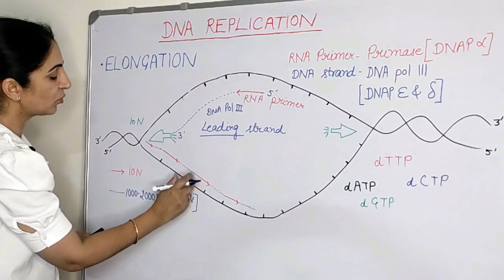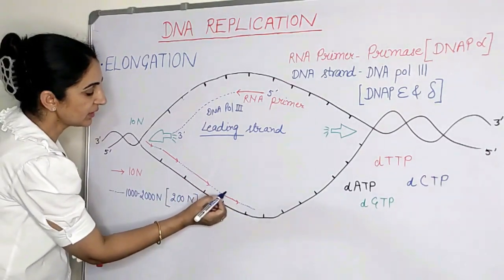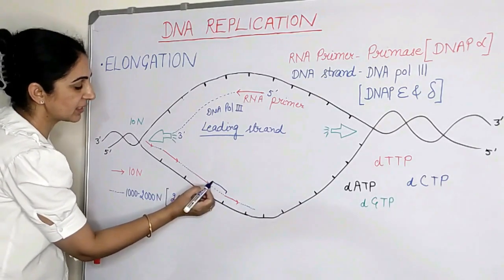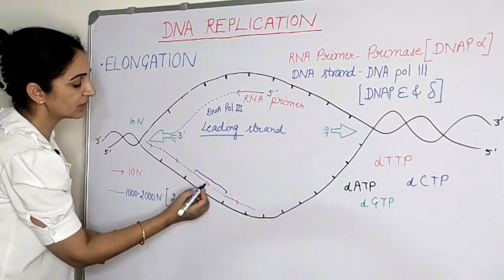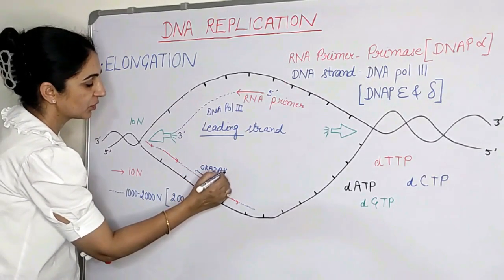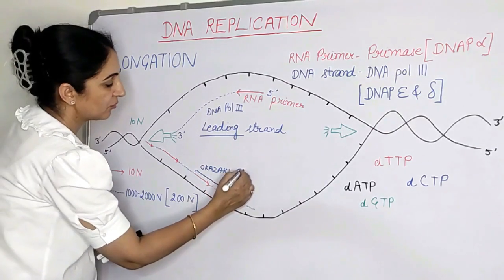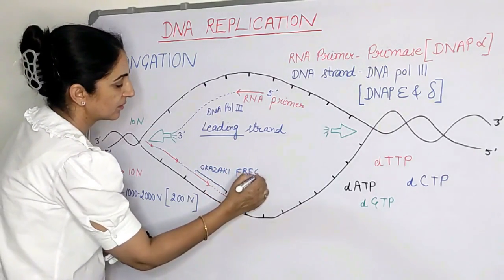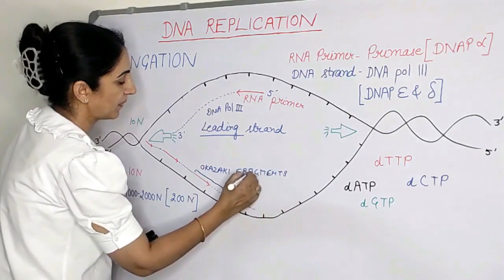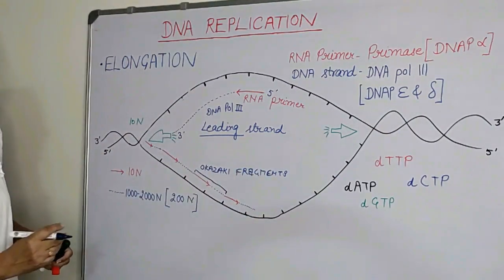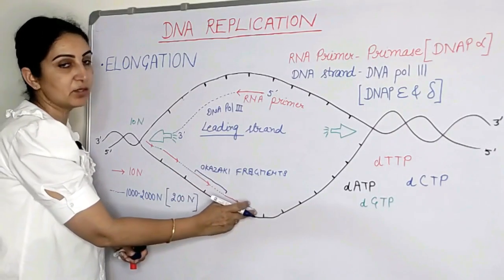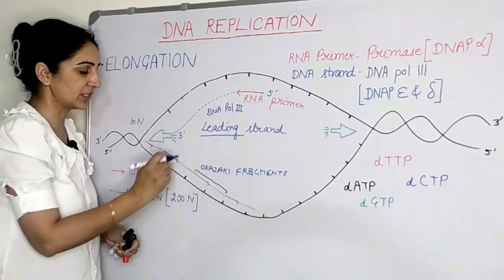These small portions of DNA strand, which are synthesized over their own RNA primers, are known as Okazaki fragments. So in this way you ultimately have so many Okazaki fragments on the other strand.